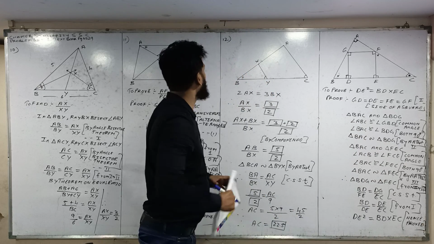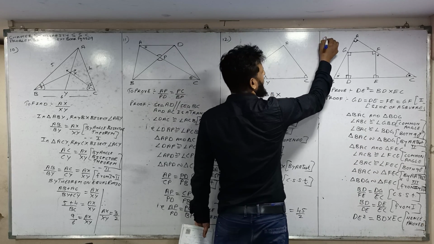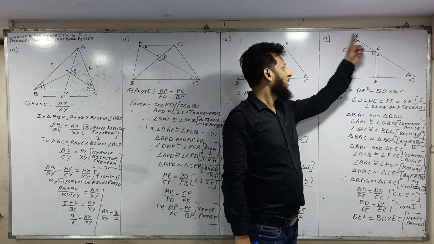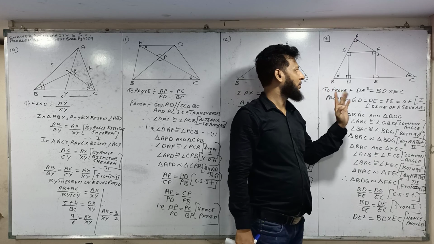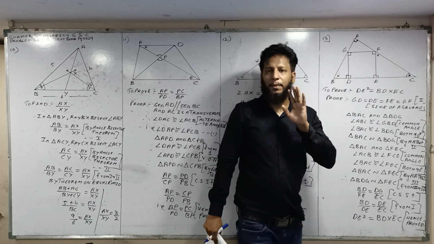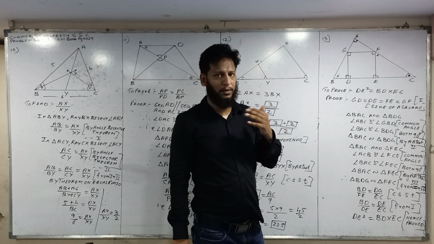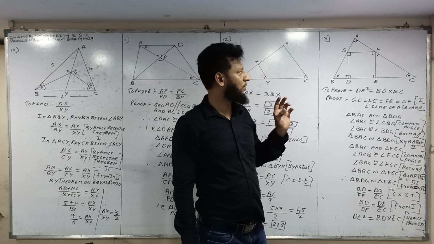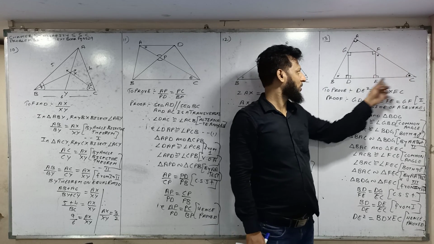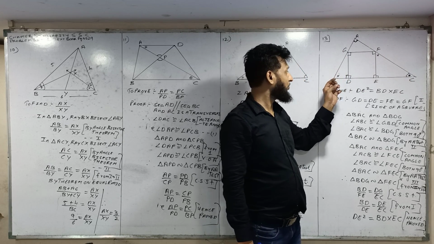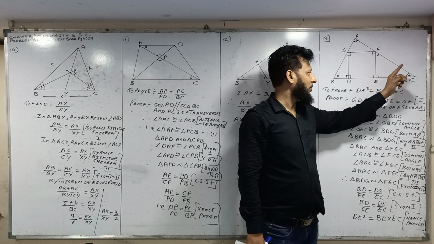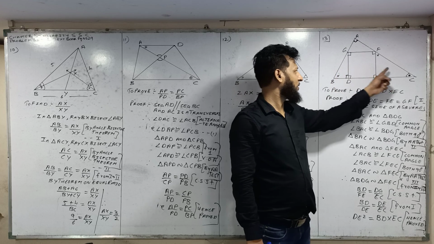All 13 sums we have done. Be careful in the 13th sum: you have to prove this triangle and the whole triangle similar, then this triangle and this whole triangle similar. But when you name the correspondence, please see that you are giving the proper correspondence. When I gave the name to this triangle, I took the name common, 90 degree, then third. When I am taking this triangle, this is the third angle.